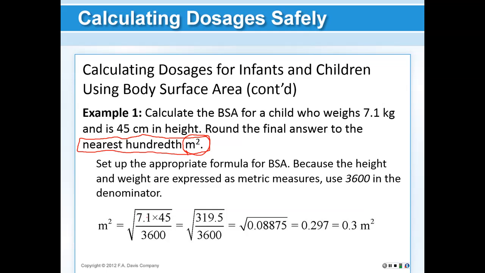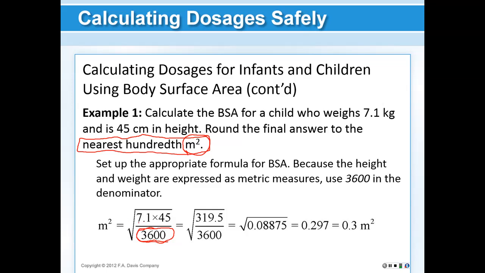So let's look at our problem. We have kilograms and centimeters, and so that means that we are going to use that common divisional factor of 3600. I remember this because a lot of times around the world, they use metric, and metric would be centimeters and kilograms, and around the world can be represented with 360 degrees, and so you do have to add the extra 0, but this is how I remember that it's 3600.